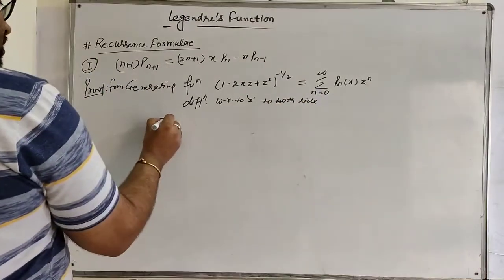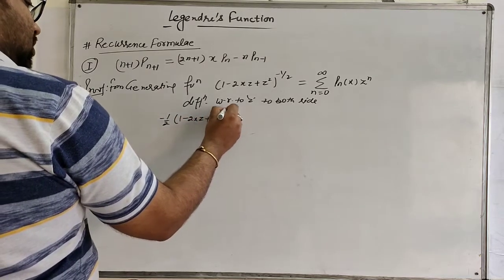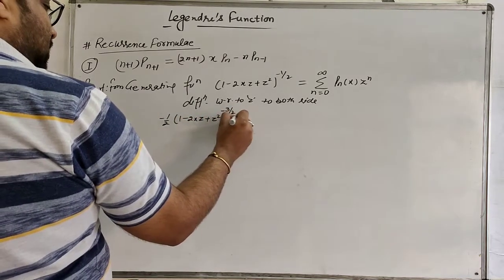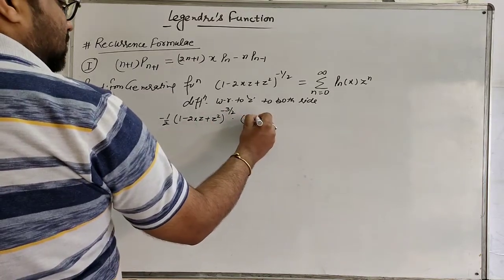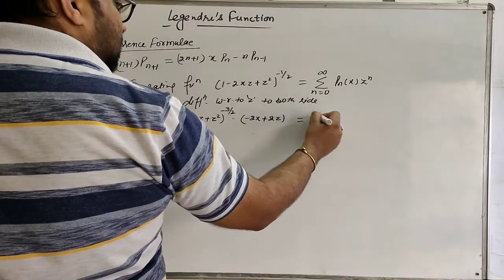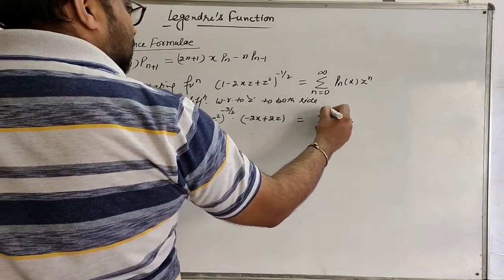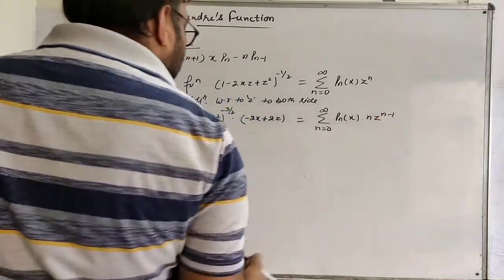When we differentiate it, we get -1/2 (1 - 2xz + z²)^(-3/2) into the differentiation of the bracket: the differentiation of 1 is 0, the differentiation of this term is -2x and this is +2z, which is equal to Σ from n=0 to infinity P_n(x) n z^(n-1).